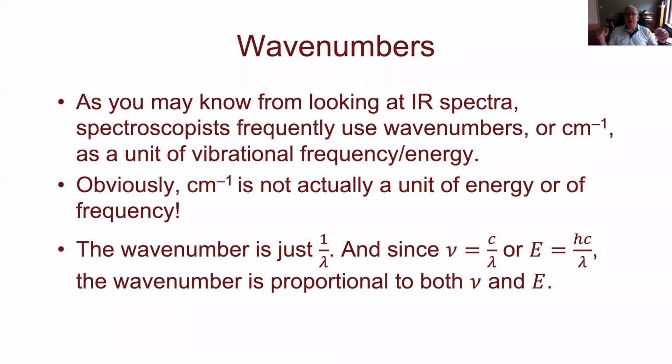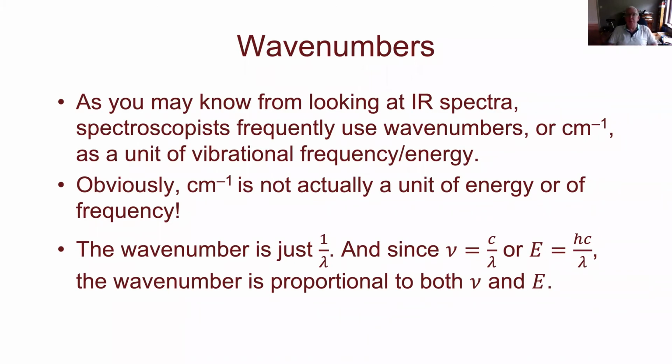Somewhat curiously, spectroscopists often use that unit as a unit of energy. It's fairly obvious from looking at the dimensions that 1 over centimeters has dimensions of 1 over length. That's not a unit of energy. It's not a unit of frequency.